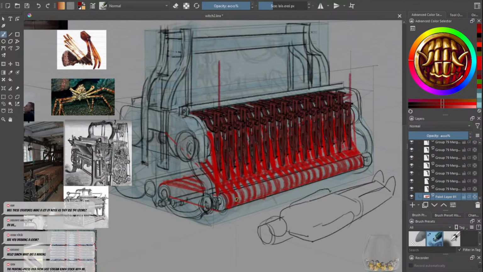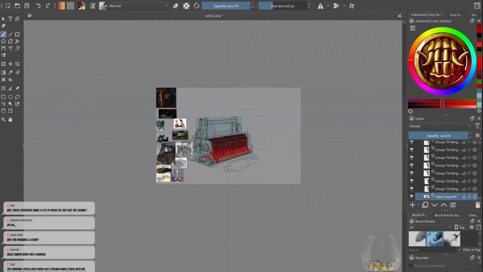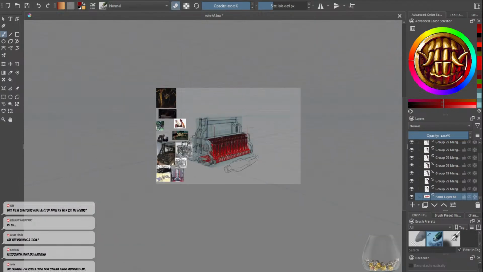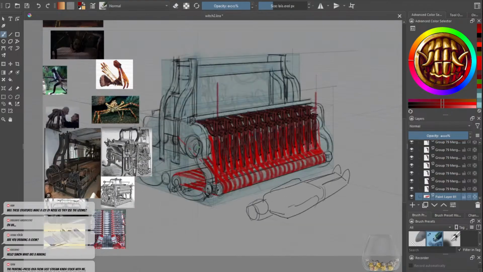Actually, if I draw the strings properly together, that really looks like something that can weave. I'm happy with that.